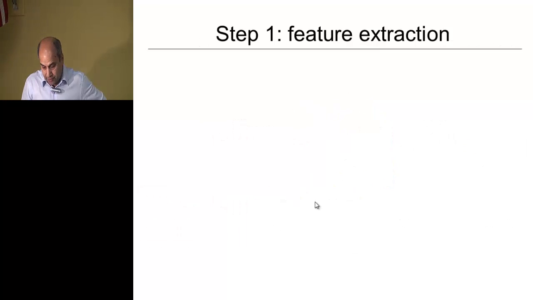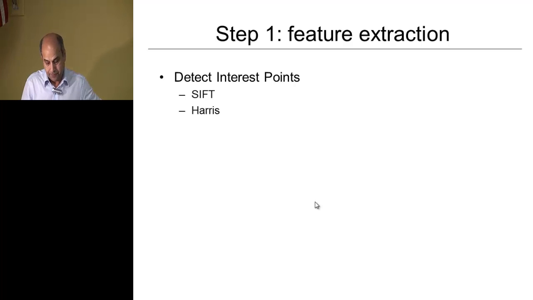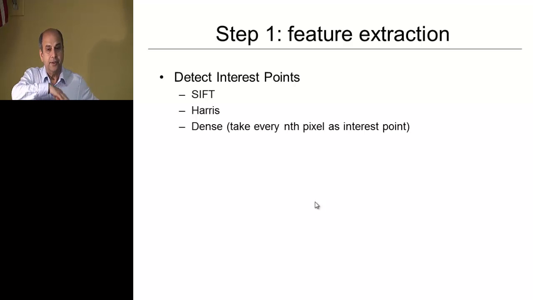Okay, so now the first step is to detect interest points, and you have a program to detect SIFT or Harris, very easy. If you don't want to do it, as I said, just take every 5th or every 10th pixel as your interest points, which is called dense sampling, which actually works very well. You can save computation.